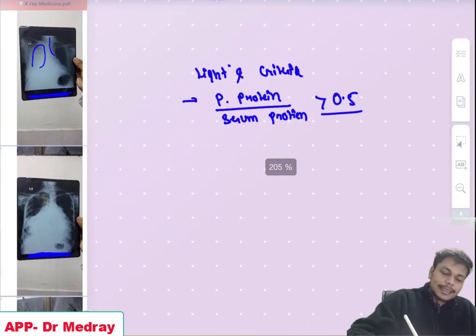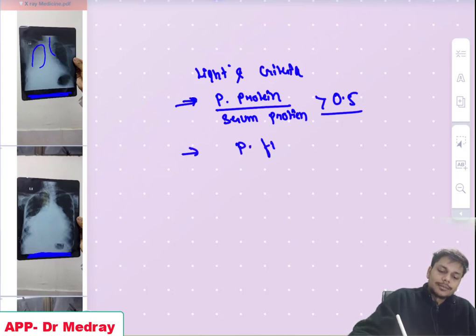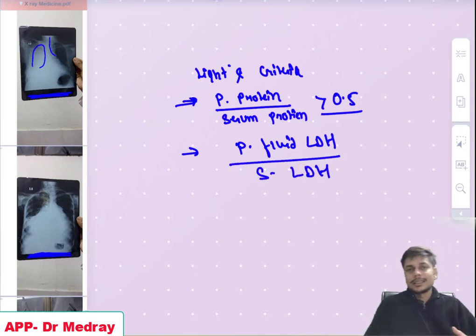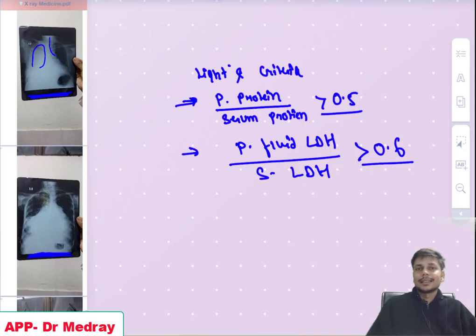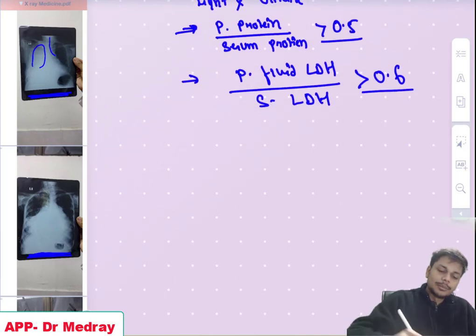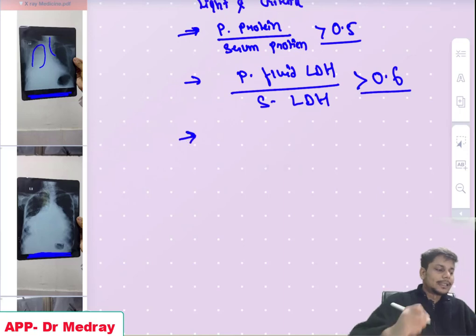Similarly, we check both the serum LDH as well as the pleural fluid LDH level, and if the pleural fluid LDH by serum LDH ratio comes out to be more than 0.6, then the pleural fluid is exudative.